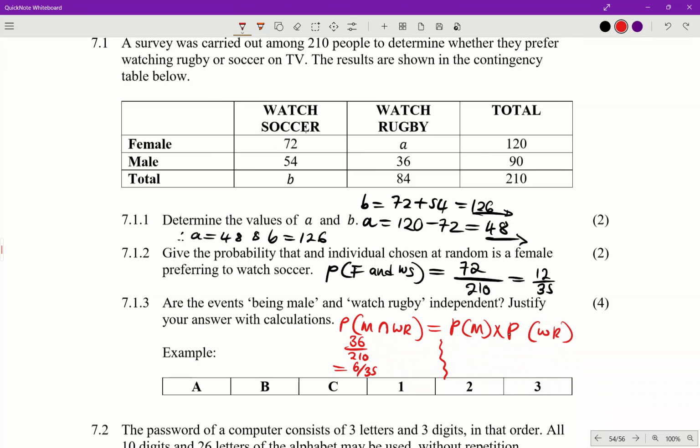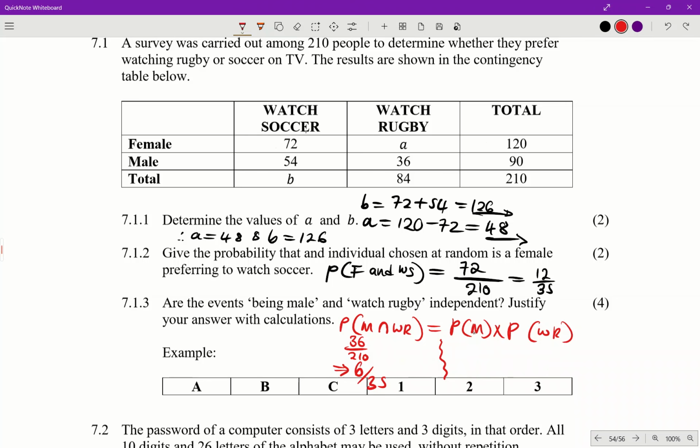Can you see that it's 6 over 35? So the answer here is 6 all over 35. I hope you can see that.